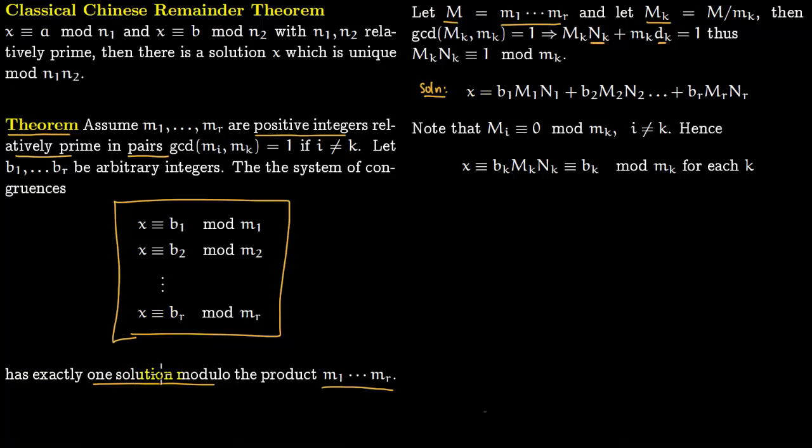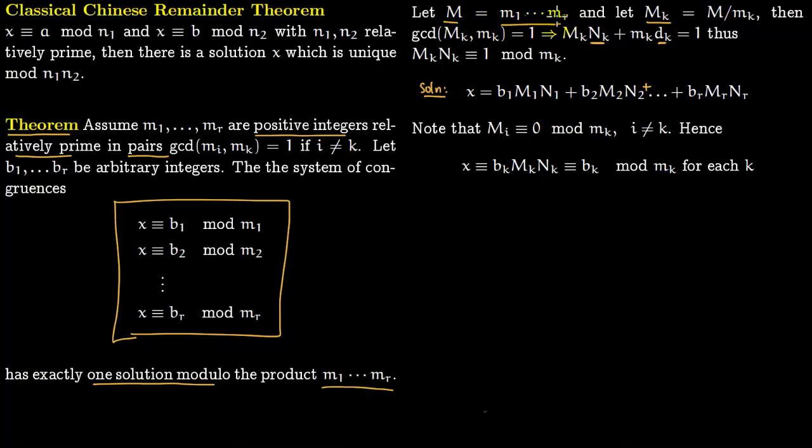So our solution here, this x we set as b1 M1 n1 plus b2 M2 n2 plus b3 M3 n3 all the way to br Mr nr. So this M1, M2 all the way to Mr can be constructed. You just take M and divide by small m1, you get capital M1.